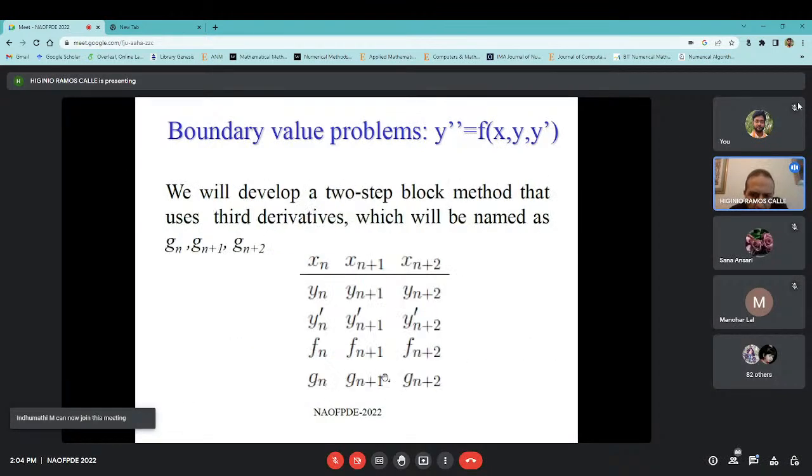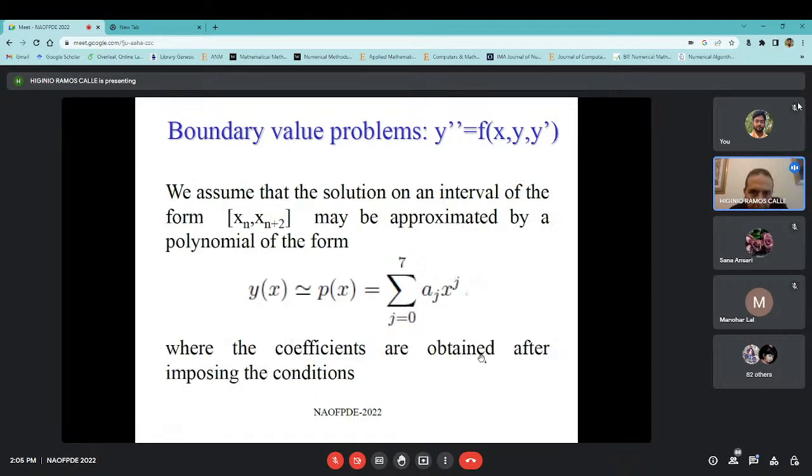So in this case, we are going to consider all these pieces of information. We have 1, 2, 3, 4, 5, 6, 7, 8 pieces of information. So we consider a polynomial approximation of degree 7. The procedure is similar as before.